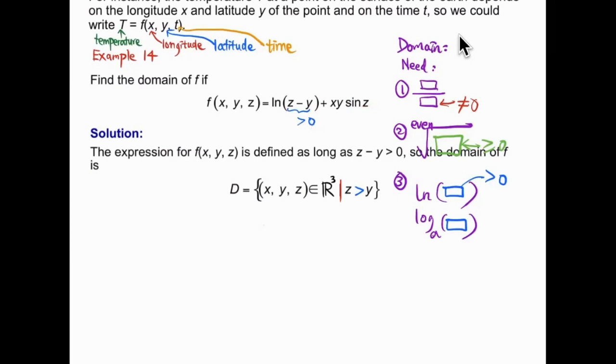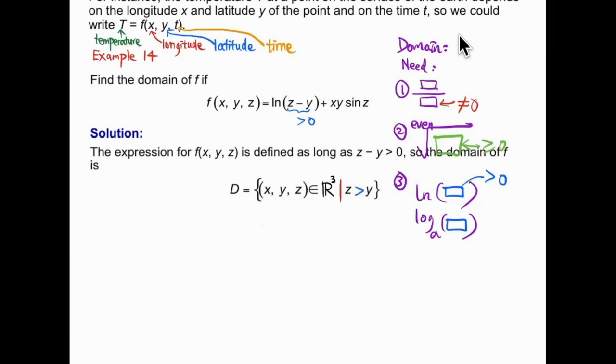And when you solve this for z, you have z is strictly greater than y. So the domain for the function here will be all x, y, z, which is a subset in R3, that has to satisfy z strictly greater than y.